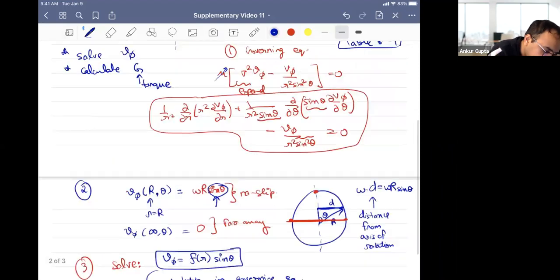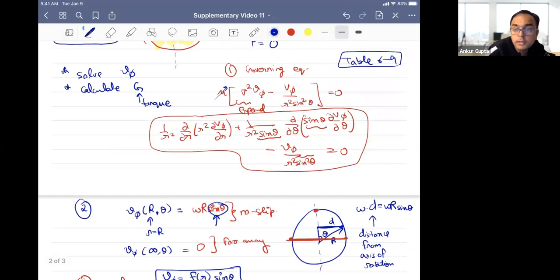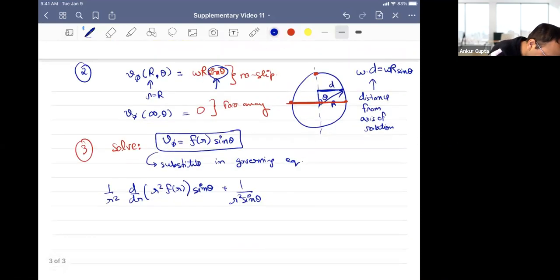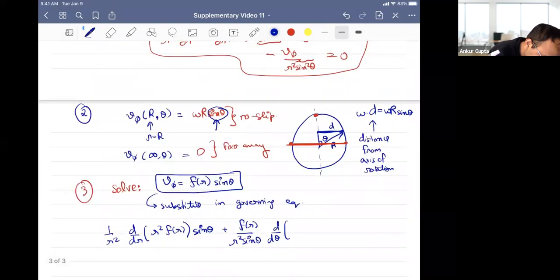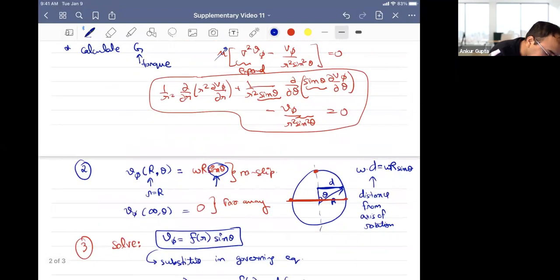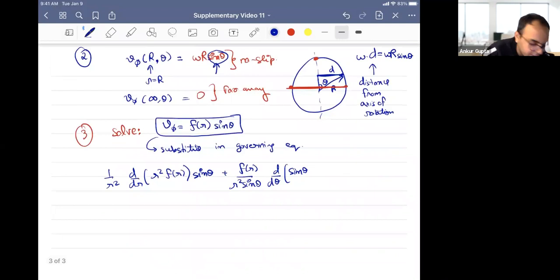And then we have del by del theta. So f is just basically going to come out, f of r. Then we have a d by d theta of sine theta, right? And then del v theta by del theta will be d of sine theta by d theta, which is cos theta.